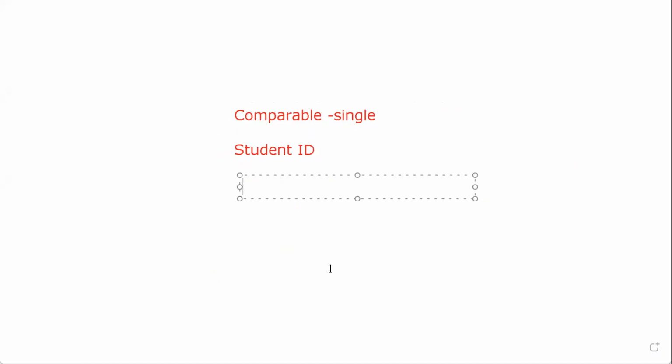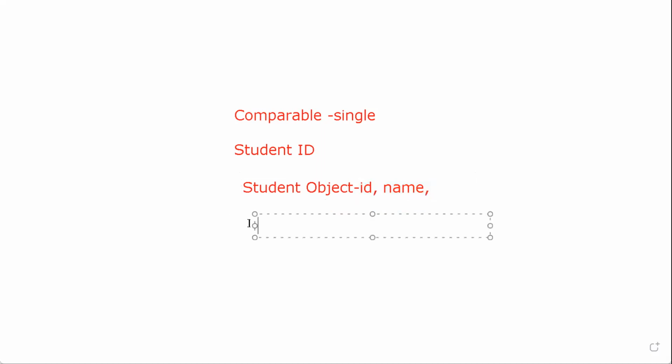But if you have a student object, which will have the ID of the student, the name of the student, and other details, and you want to sort the student object based on ID, name, multiple things, then you go for a comparator. Clear? Yes. Comparing the objects, that's basically it.